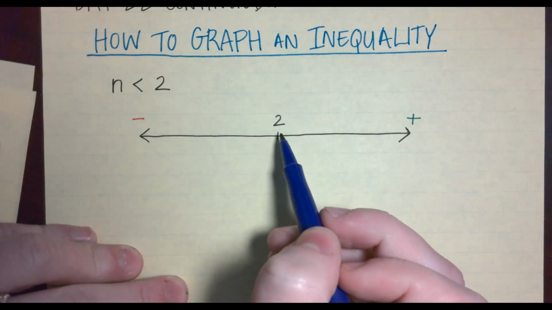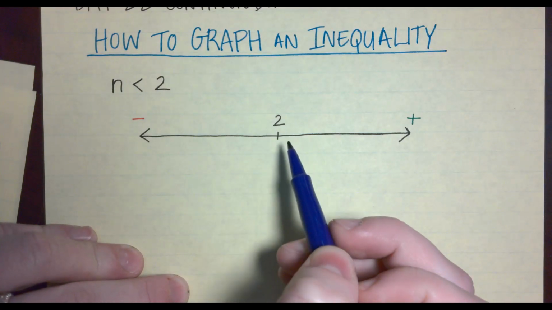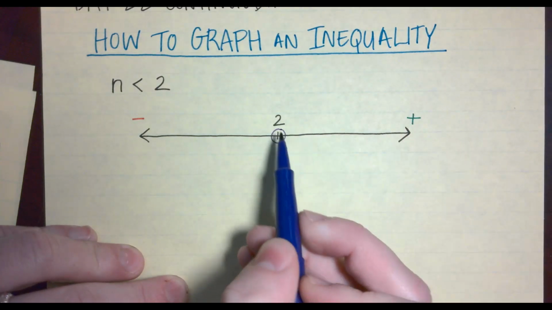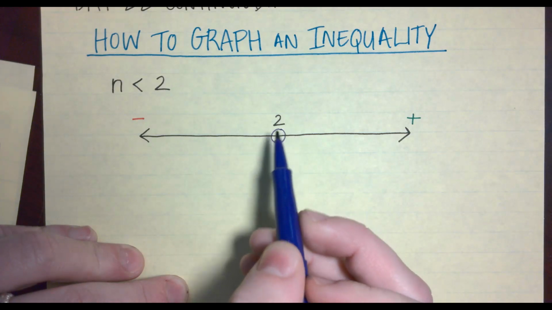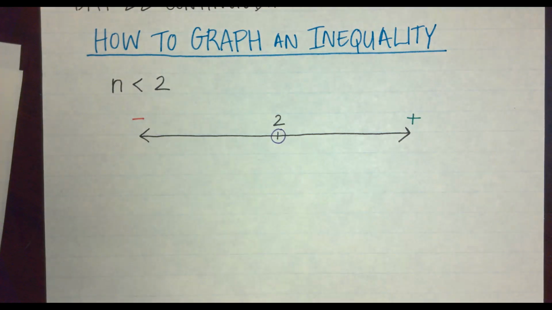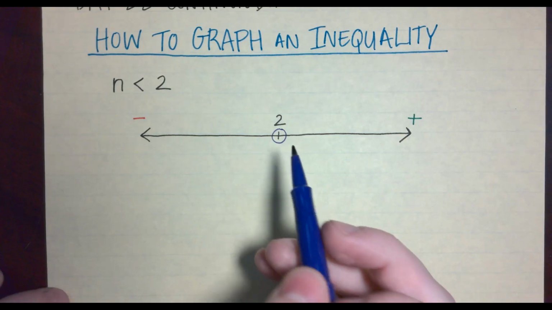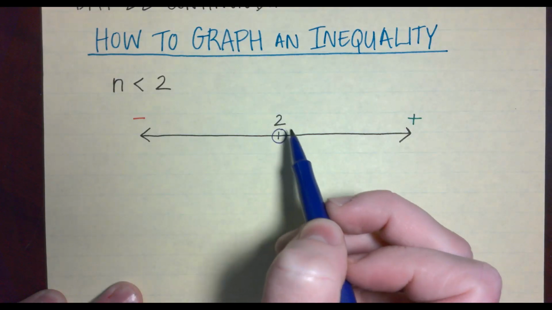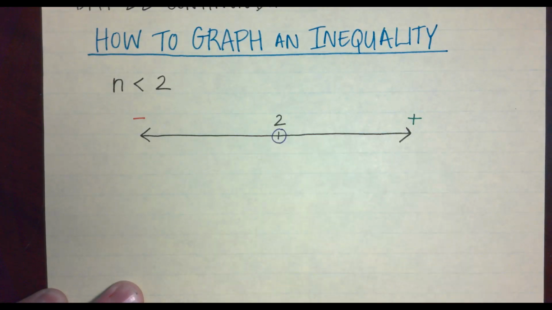To show that 2 is not included, we circle it and leave it as an open circle. We don't color it in. Make sure your circle is big enough that I can tell it's not closed, because if you close your circle, that's a different graph. So we're circling the little tick mark under the 2, just like this.